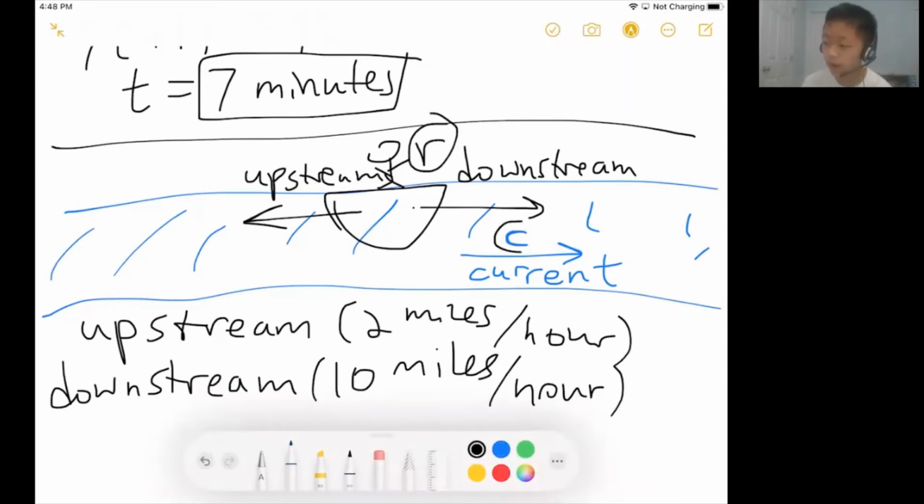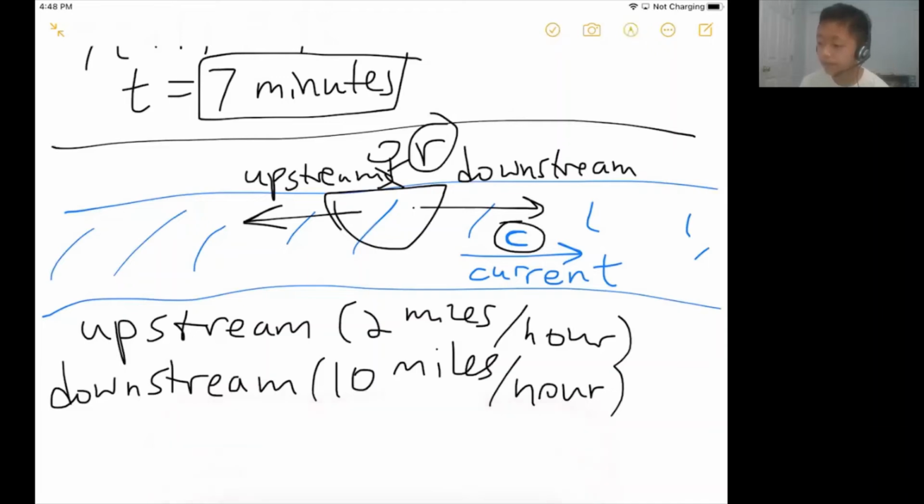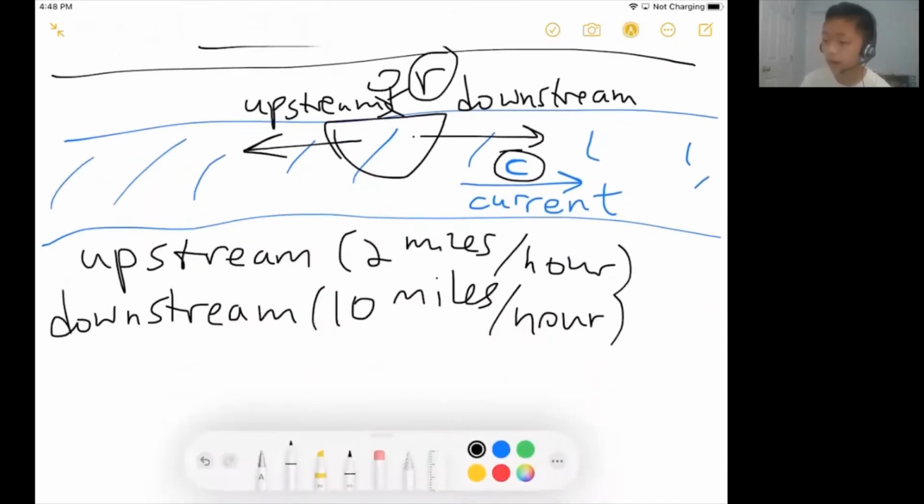So we have two variables, R and C. When Jake is traveling upstream, he's traveling at a rate of R, but the current is pushing him back at a speed of C. So Jake is trying to travel at a speed of R, but the current is dragging him back at a speed of C. So the net speed, or the net rate, is going to be R minus C, since he's going at a speed of R, but the current is pushing him back with the speed of C. And we're given this is equal to 2.